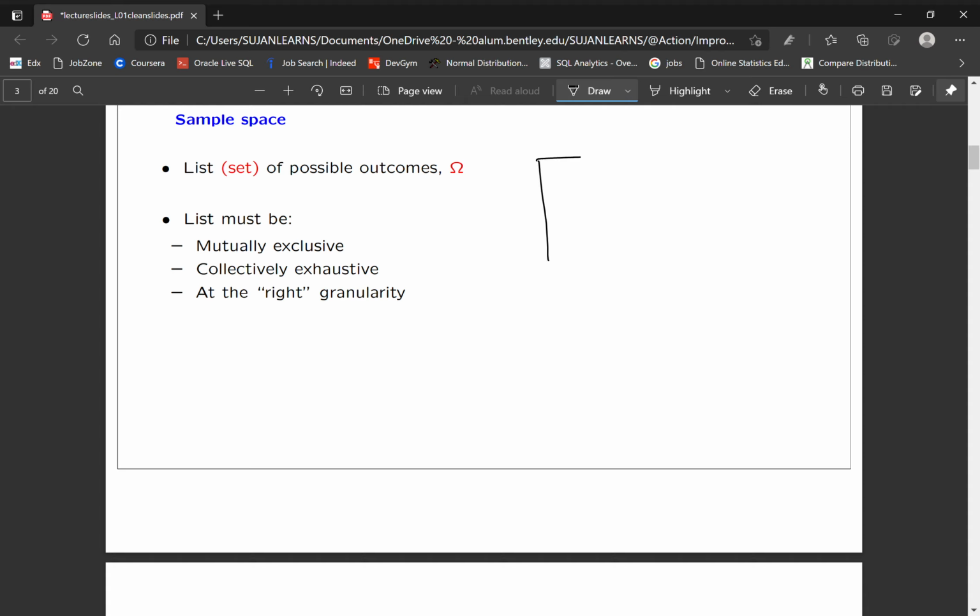In this sample space, there are 4 distinct points: 1, 2, 3, and 4. These are mutually exclusive. One is rain plus tail, one is not rain plus tail, rain plus head, and not rain plus head. So these are 4 distinct outcomes.